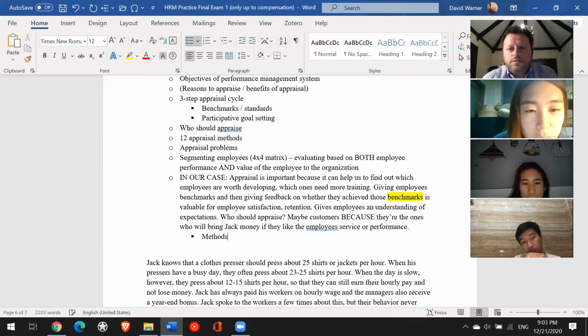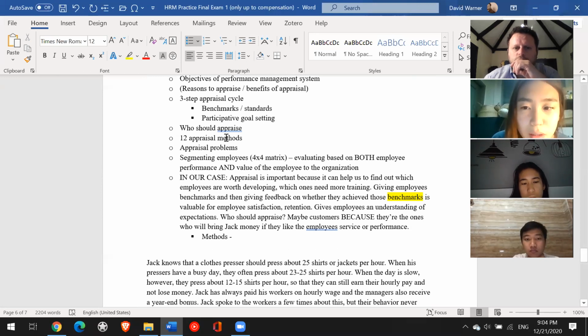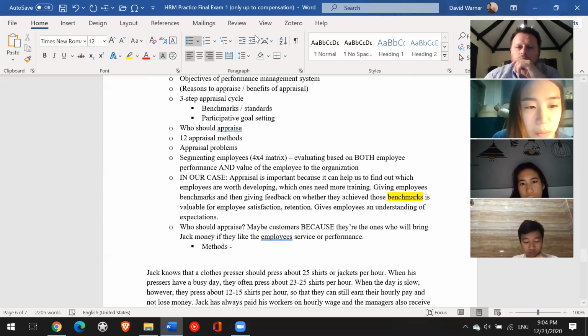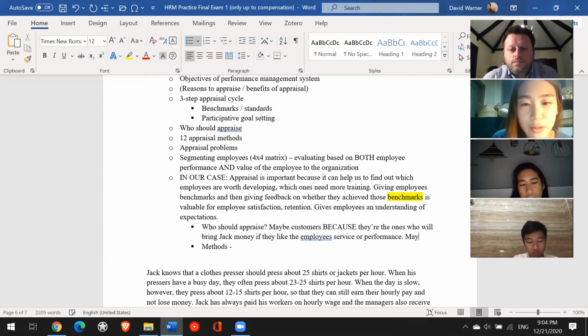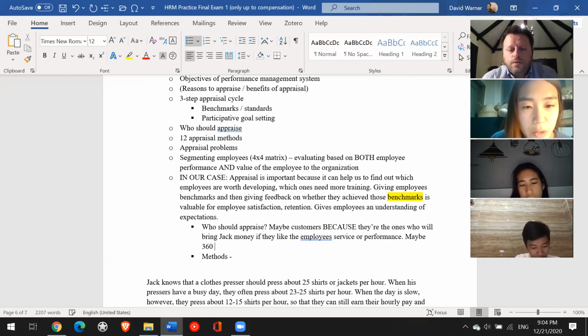Maybe 360-degree feedback, because the employer will be able to collect a holistic view of the information from supervisors, peers, and customers, so you can get ample information, which is more effective when it comes to assessment. Okay, sure.